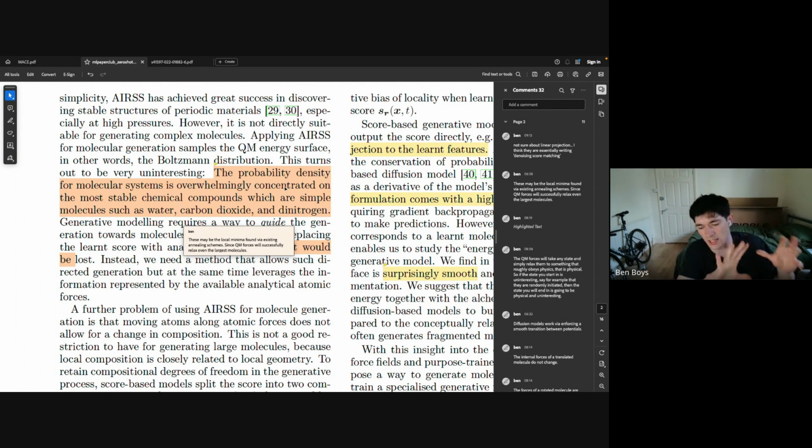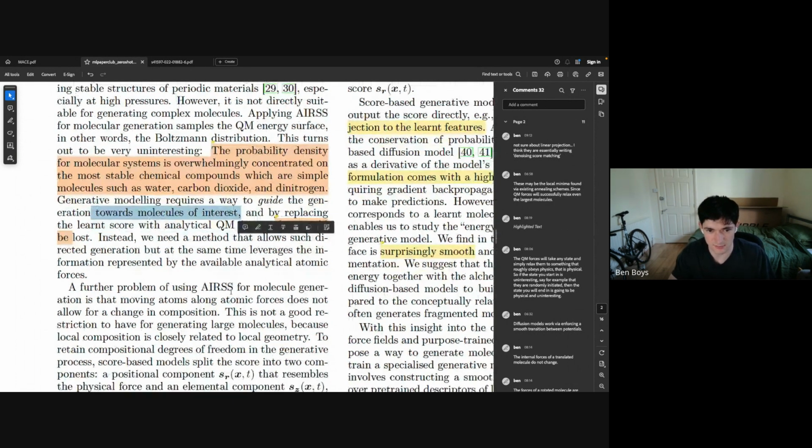It's just that it's initiated at a place where these atoms are far apart, and so they're going to cluster together into water and carbon dioxide, which is the closest physical state to the initialization. And whilst it finds something physical immediately, which is high probability, it's not going to be that interesting. So the idea is, how do we guide the generation towards molecules of interest, which are larger molecules?